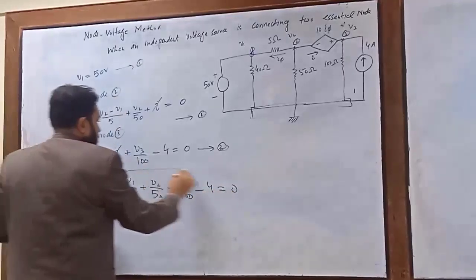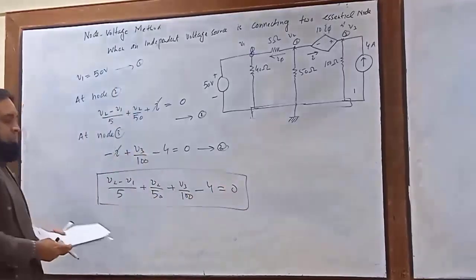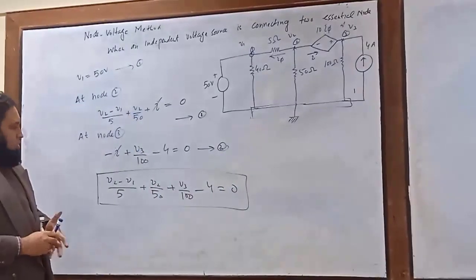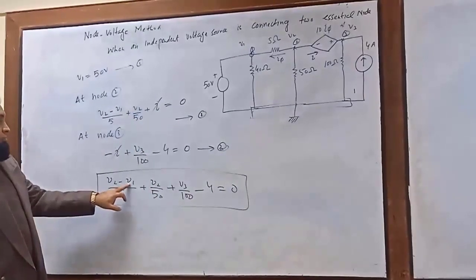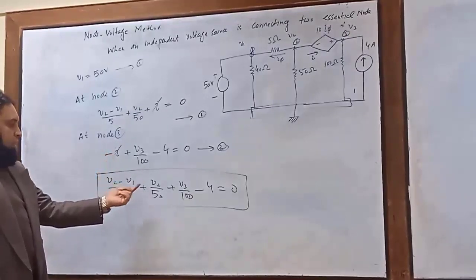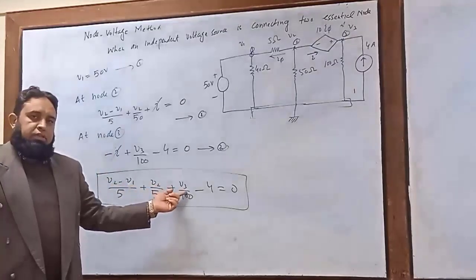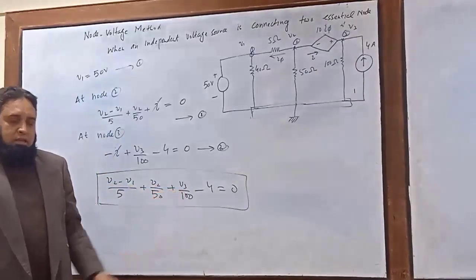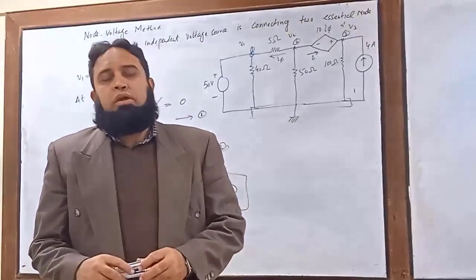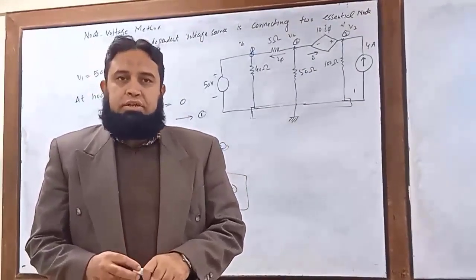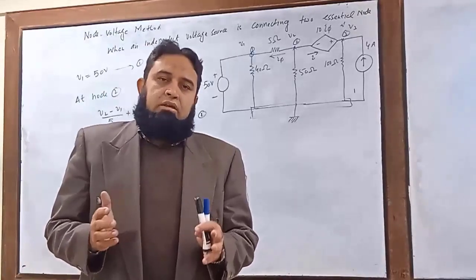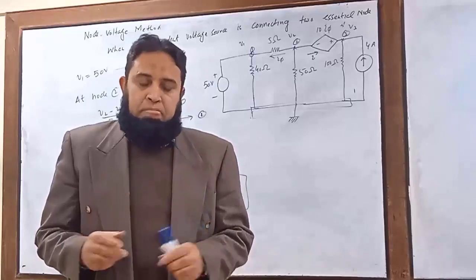So these will be the equations. Now here is another very interesting issue. V1 is 50 volt, so this unknown is gone. Now we have one equation and two unknowns, V2 and V3. Okay. Here is the tool we have to use to solve this circuit, and we introduce a concept, the concept of the supernode. Okay.